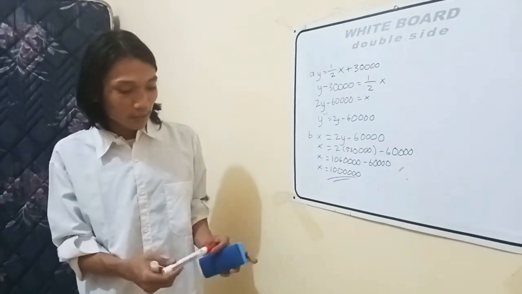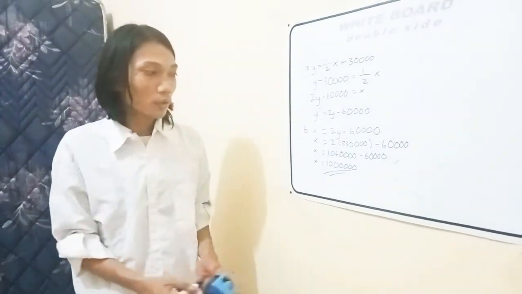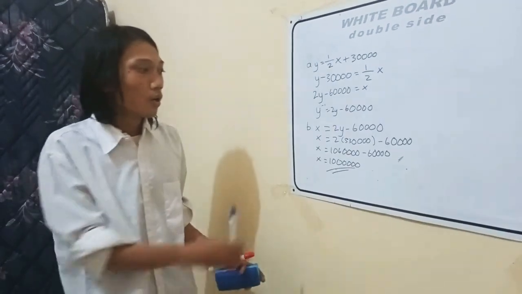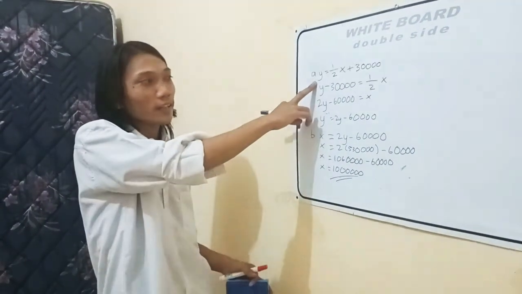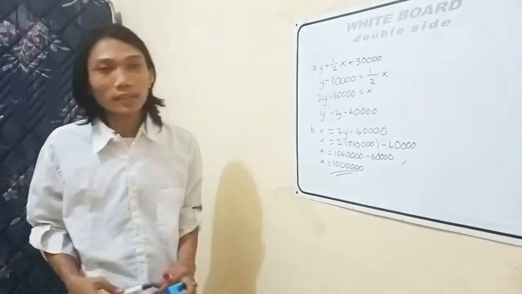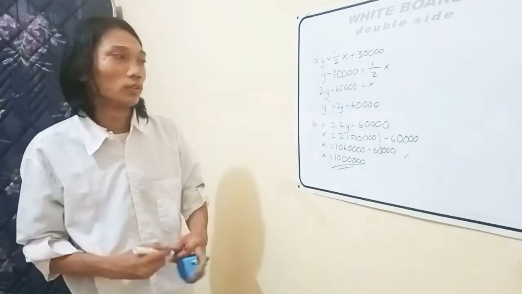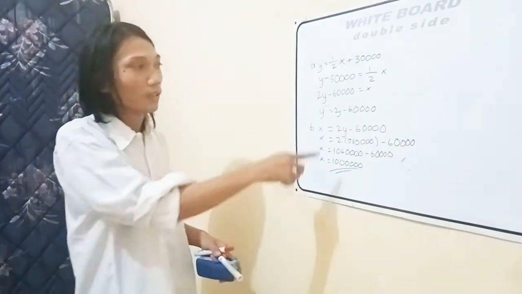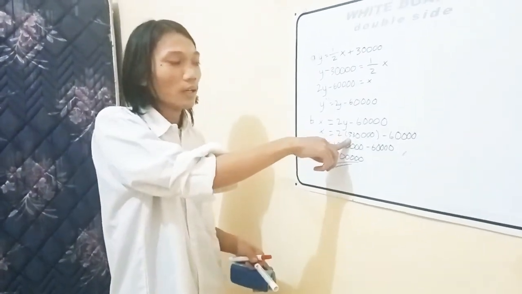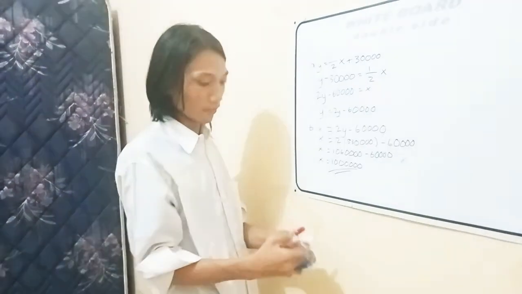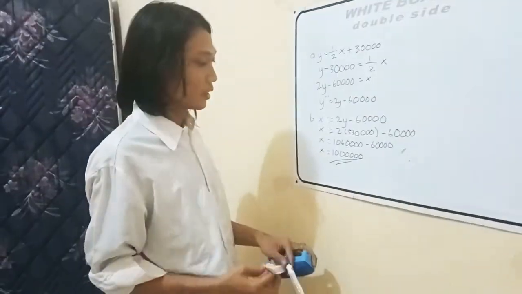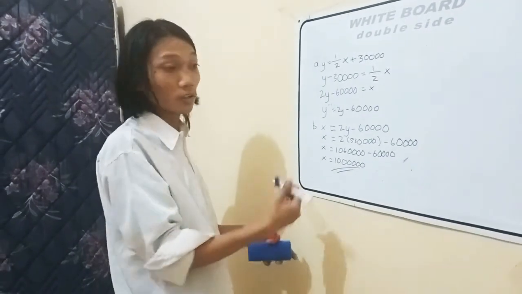If we substitute x equal to a million into the y equation, we can get the bonus, and the bonus is 530,000. Now I will check whether the answer is correct or not.